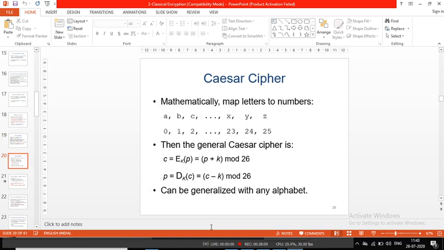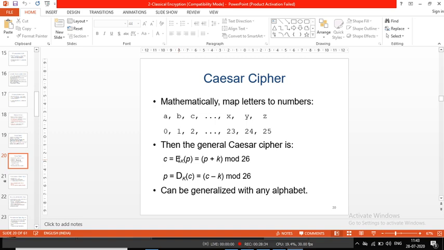Now, analysis for this Caesar cipher. We have told the basic concept of Caesar cipher. Now we can analyze through a technique, right? In the general Caesar cipher, C is known as cipher text and P is known as plain text. Clear?